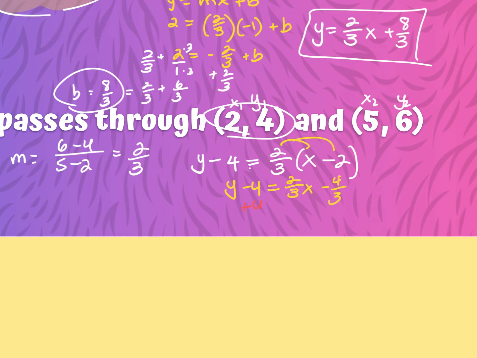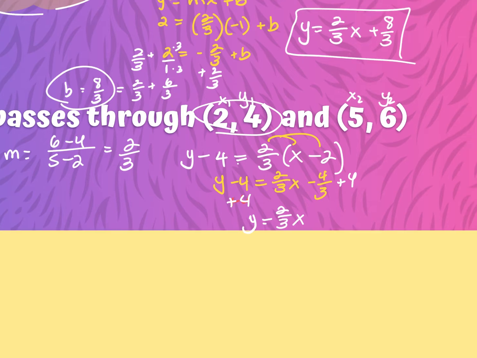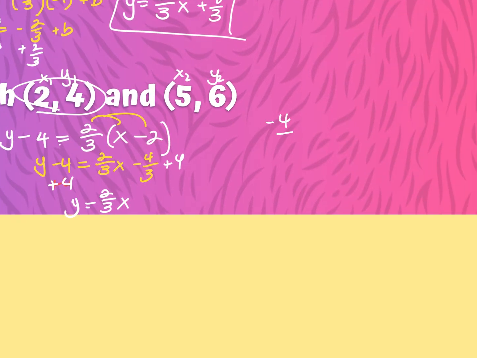And then add the 4. Y equals 2/3 x, and then I got to do negative 4/3 plus 4 over 1. Change my denominator. And I get 8/3.